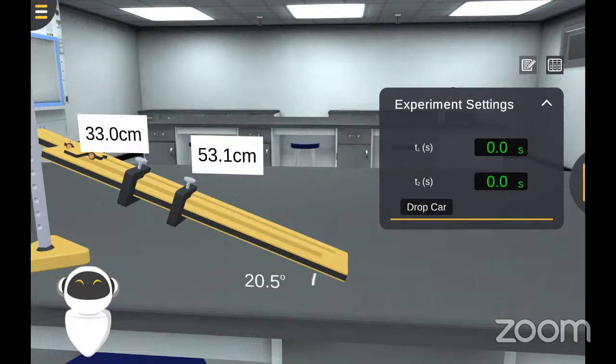Like for example, let's see here what happens. Can you predict what errors could happen in this experiment? That's a better question now. Anybody can predict what might happen here?